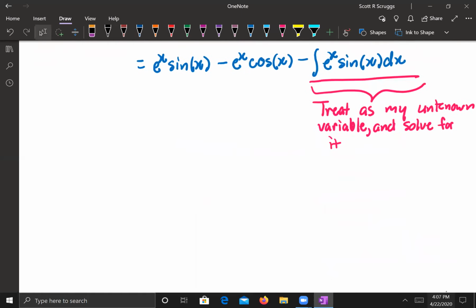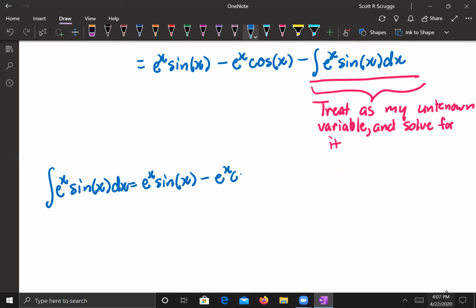I want to copy down the problem again, so we have it on one line. So copy down what we currently have. All right, so now I'm going to treat this entire integral as my unknown variable, and I'm going to solve for it.